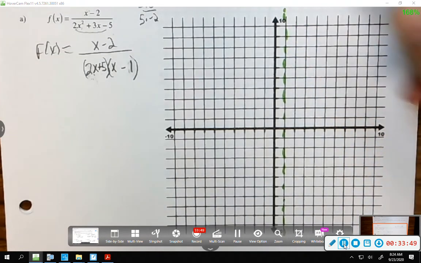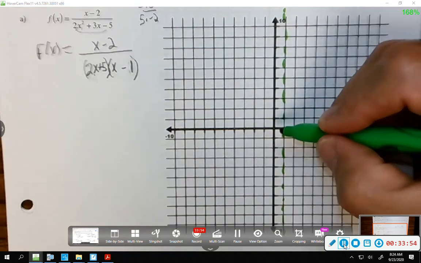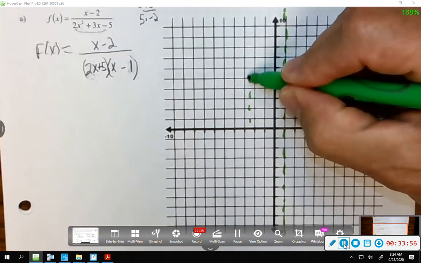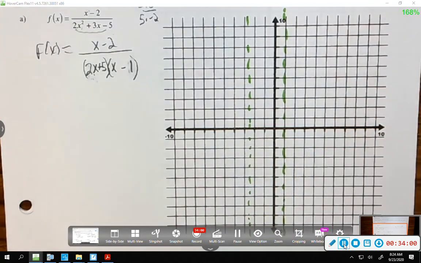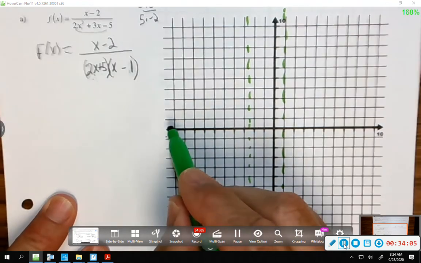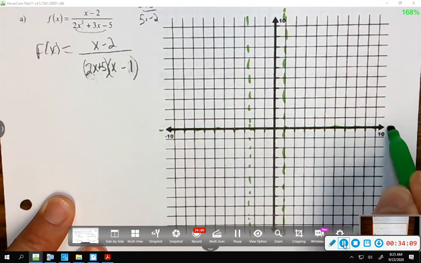X equals -5/2, -2.5, 1, 2.5. Okay? Then dot in the horizontal asymptote. Y equals 0. There it is.